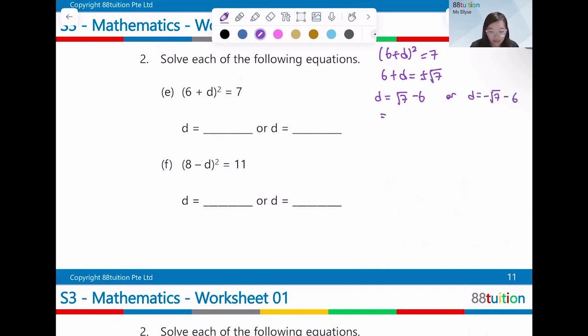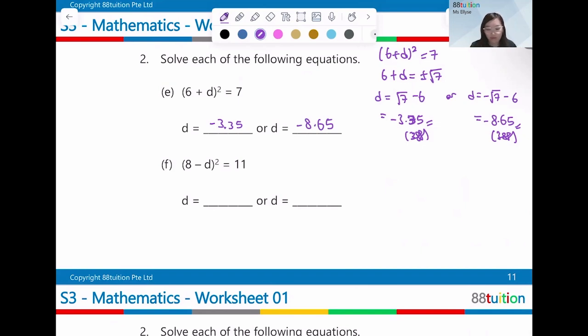For this guy, I will get a negative 3.35. And the other one, I'll get a negative 8.65. Both to 3SF. So this is minus 3.35, this is minus 8.65.